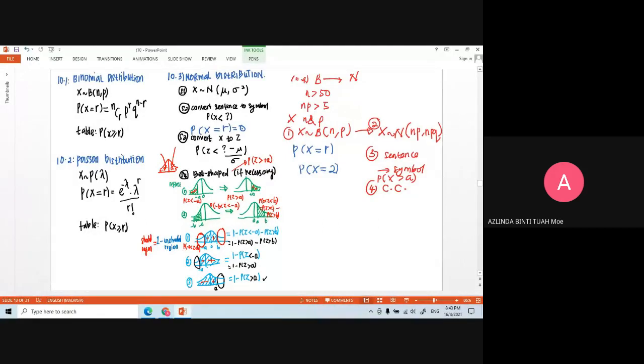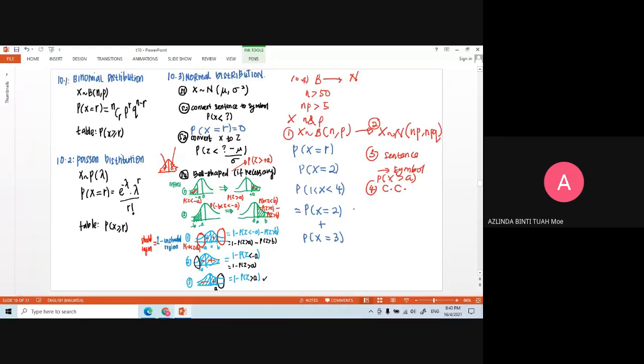Jadi sekiranya kalau soalan itu adalah soalan binomial and dia greater than 50, dia tanya find P(X between, let's say, 1 until 4). So kalau kita jawab dalam binomial biasa, we are looking for the value of probability when X equals to 2 and probability X equals to 3. Ini kehendak soalan dalam binomial.